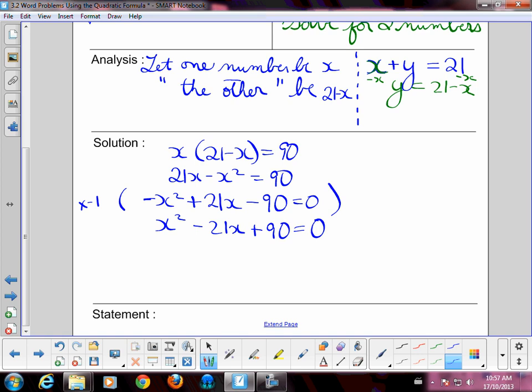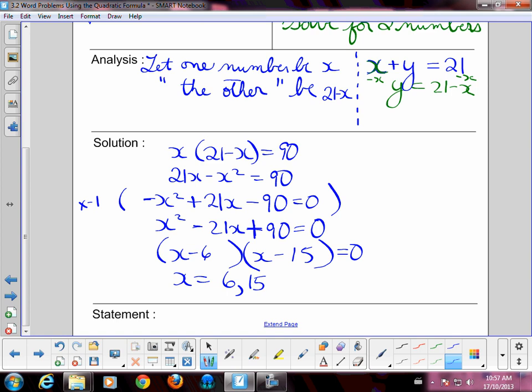Now this one I can factor. It might take a little bit to get it, but it's 6 times 15. I end up with two numbers that multiply to give me 90, and their sum is 21. So x minus 6 and x minus 15, each equal to 0, which tells me x is 6 or x is 15.